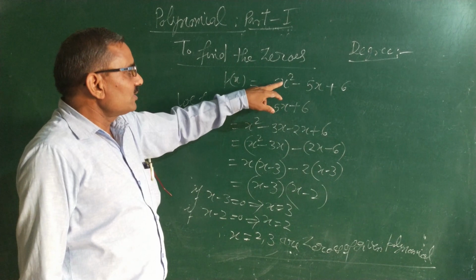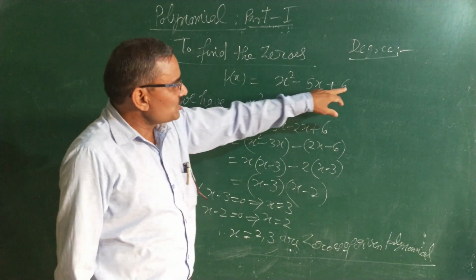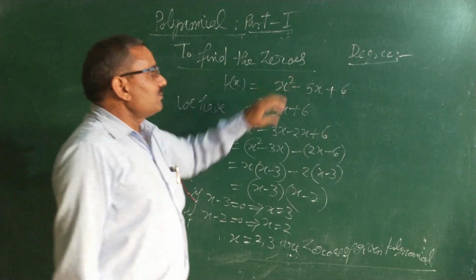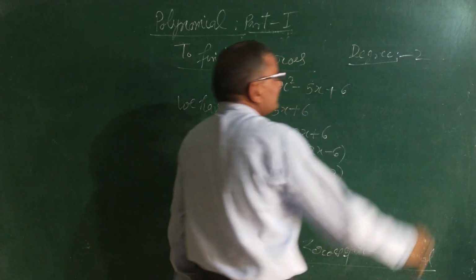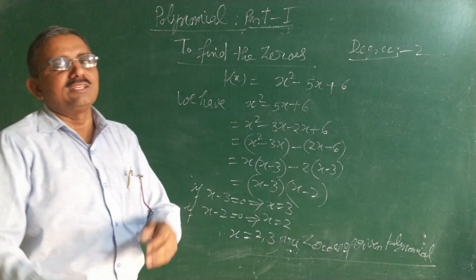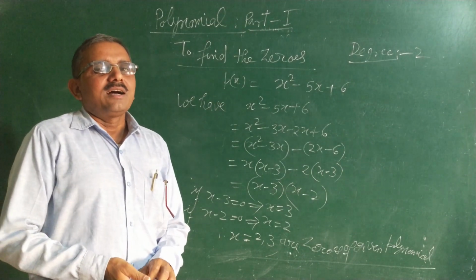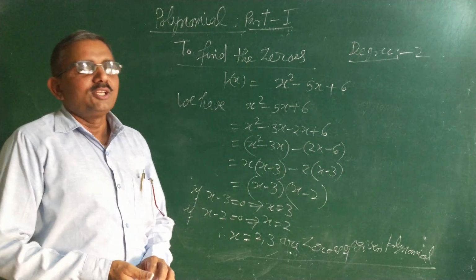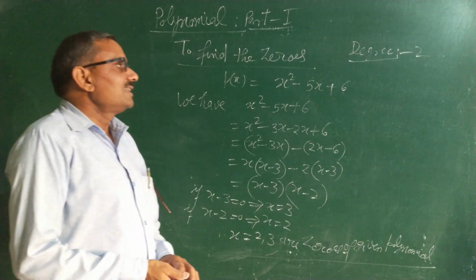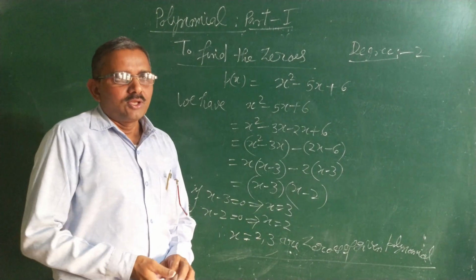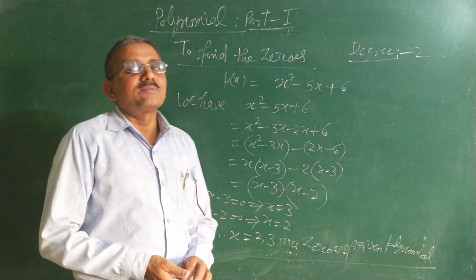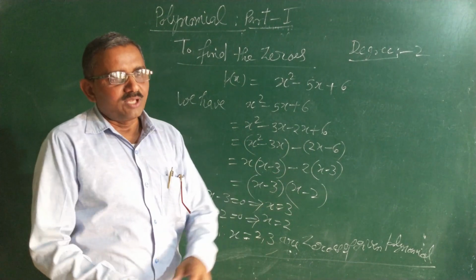Here the highest power in x square minus 5x plus 6 is 2, so the degree of this polynomial is 2. The highest power of the variable in the polynomial is known as the degree of the polynomial. So the number of zeros will also depend upon the degree of the polynomial.